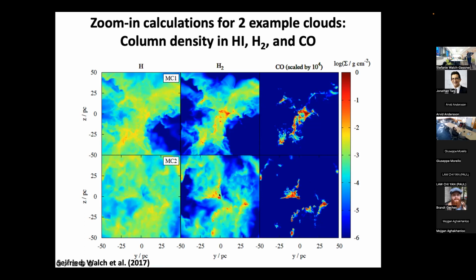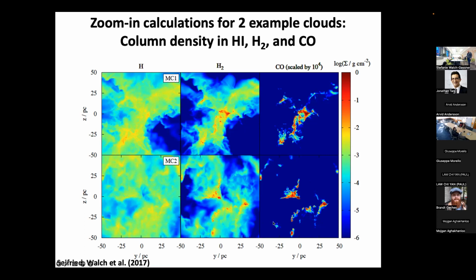The molecular hydrogen is tracing also a little bit lower density environments. It is because molecular hydrogen forms at slightly lower visual extinction than CO. So for CO, you need slightly higher shielding, so to say, from the destroying interstellar radiation field. And then everything around is atomic hydrogen from which this molecular gas formed in the first place.